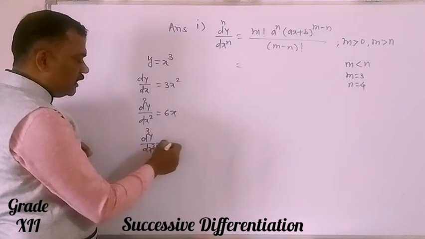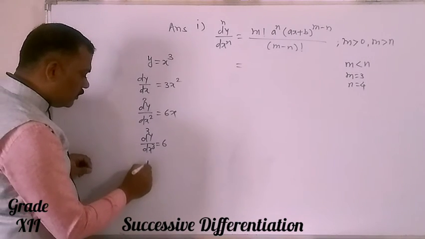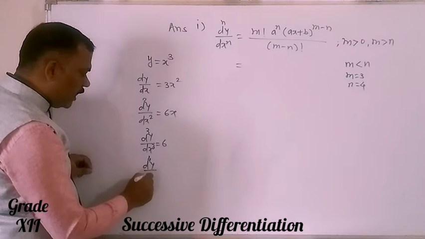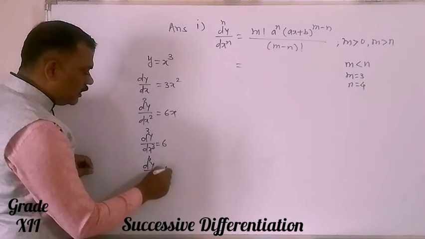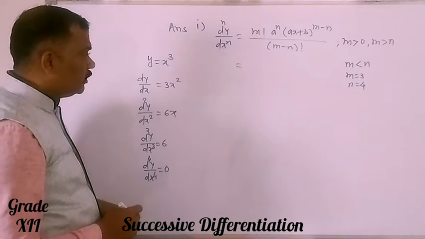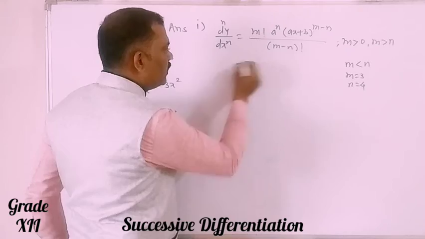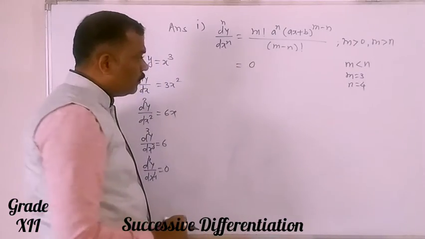Differentiation of x is 1, so it is 6 into 1, which is 6. Again one more time we take the derivative, d4y by dx raised to 4 is equal to 0. 6 is a constant, so its derivative is 0. This means if m is less than n, then the nth order derivative is 0.